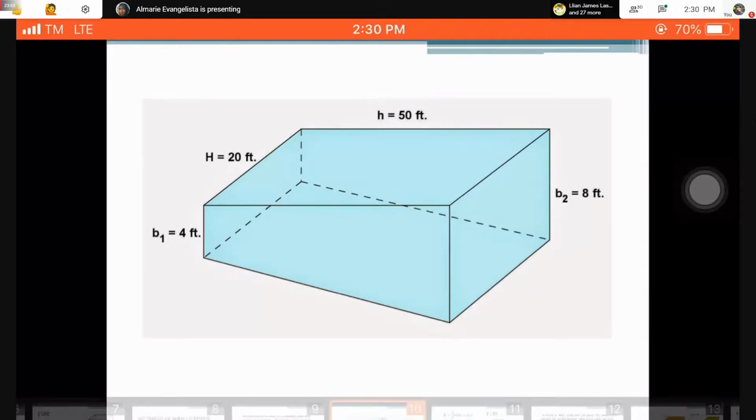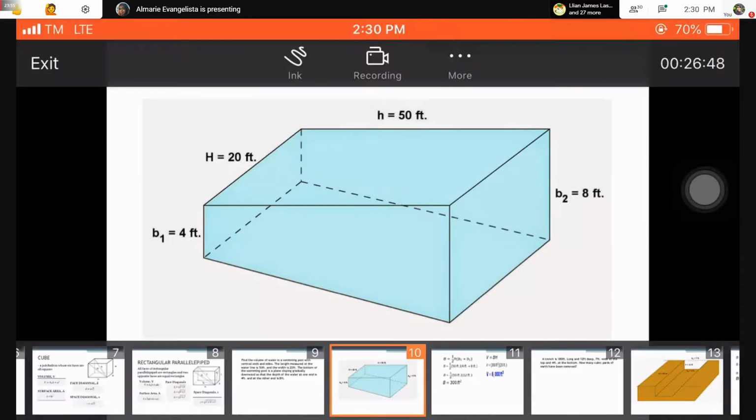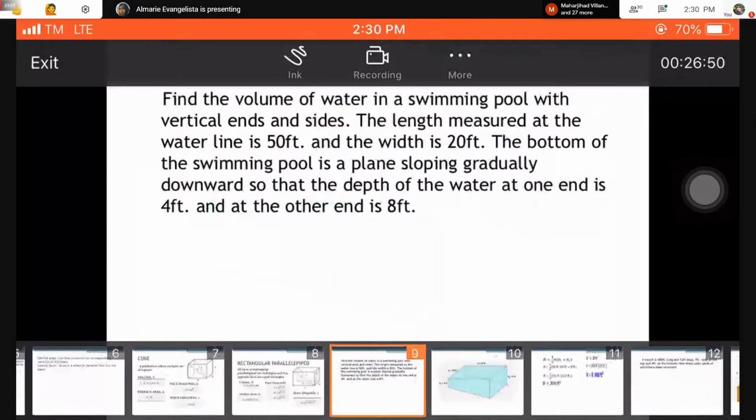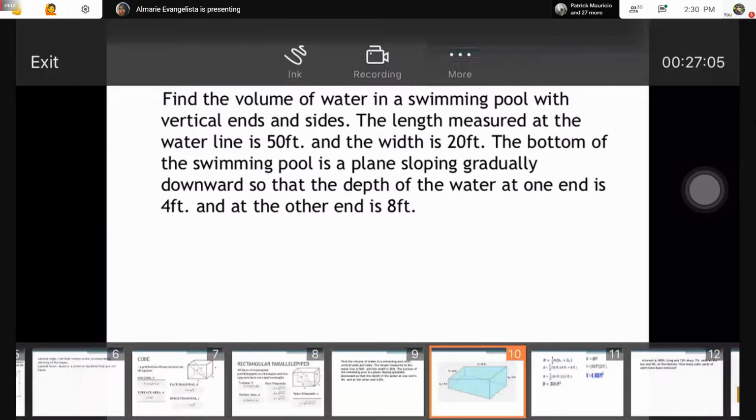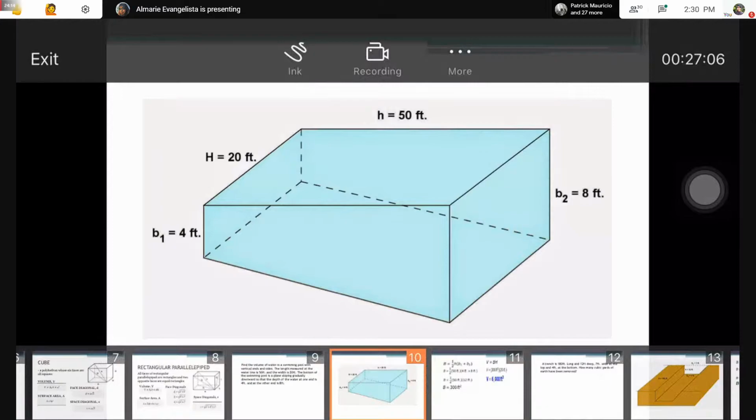So, balik tayo sa problem. So, yung base 1, given yung dalawang base, which is 4 feet, and the other end is 8 feet. So, yung magiging height ng trapezoid is 50 feet, and yung height nung mismong swimming pool is 20 feet.